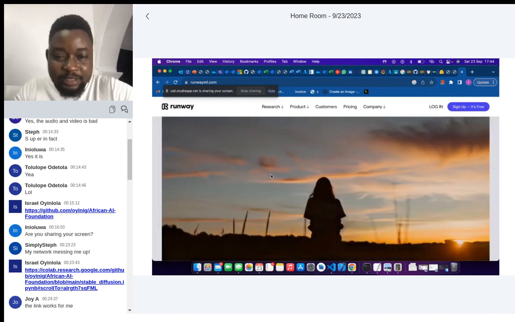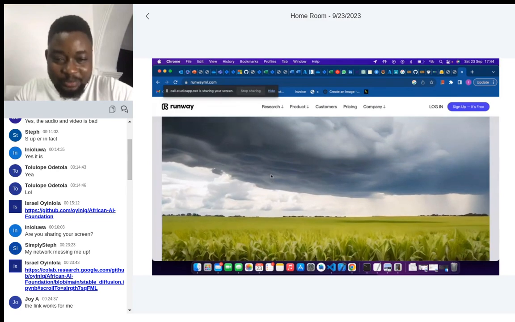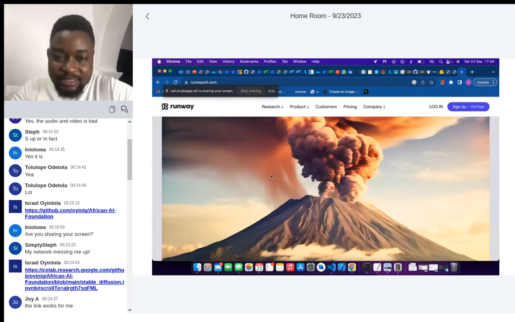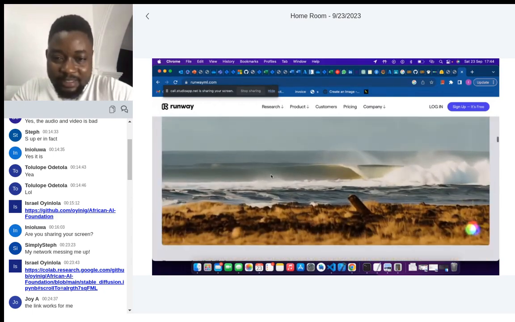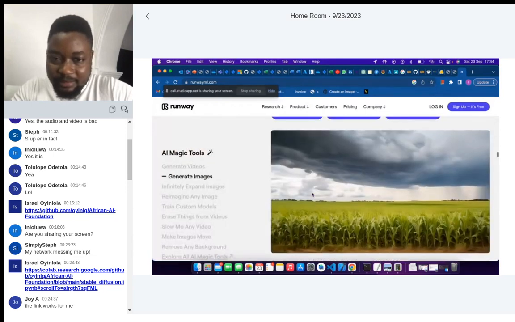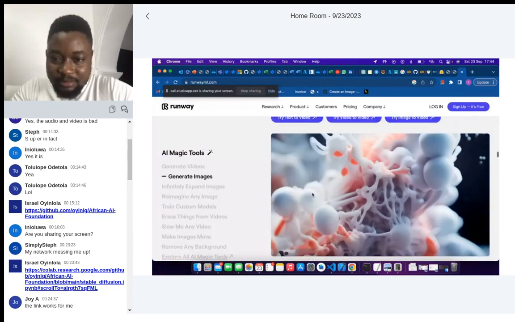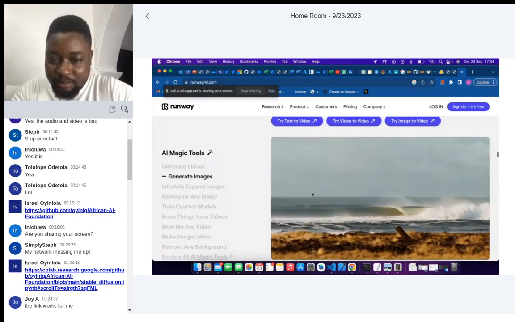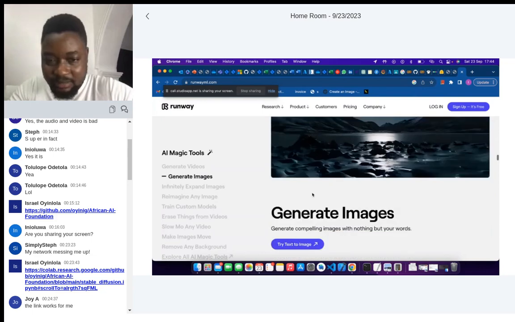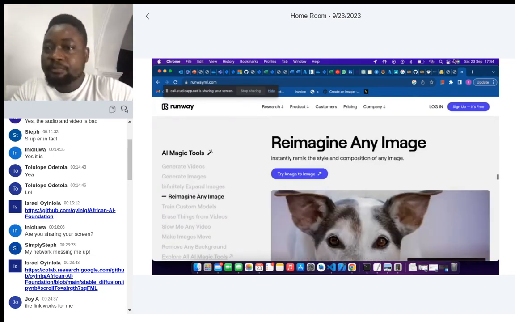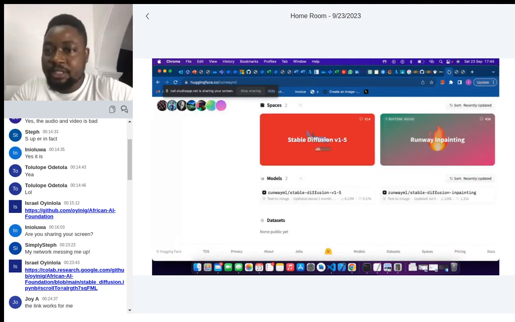See how it's looking pretty, right? High quality cinematography. All these videos are not real. They are generated by AI. So imagine the application of this in education, and in entertainment and all of those, right? So I think they've closed sourced some of their models based on what we're looking at here.